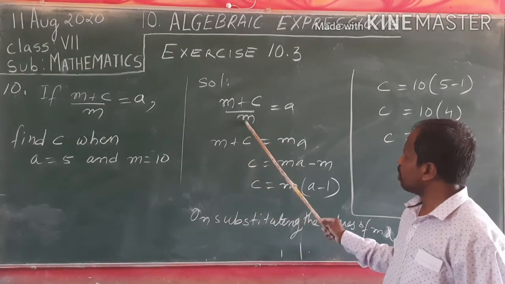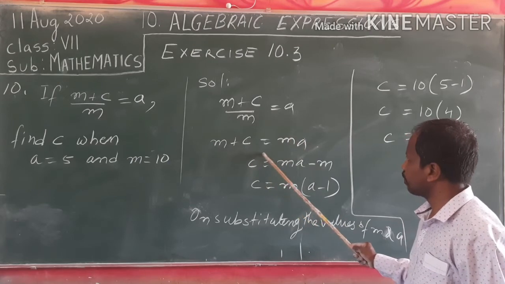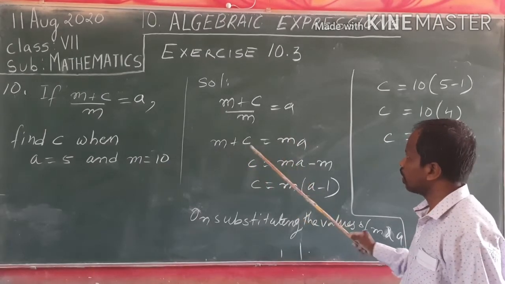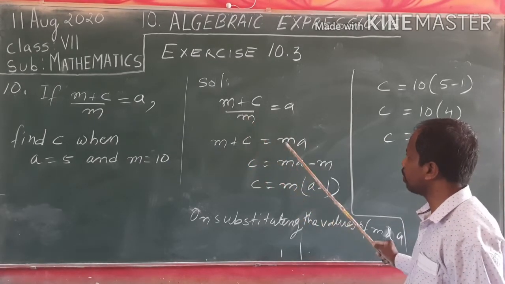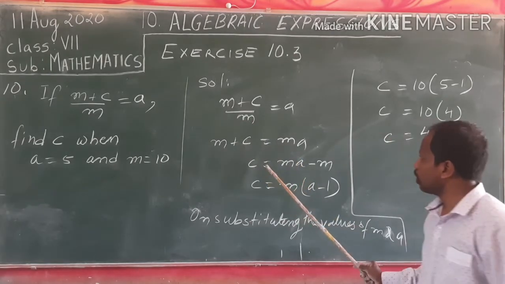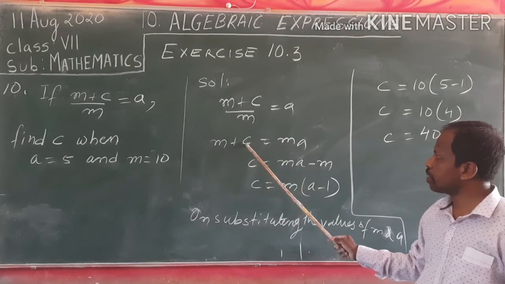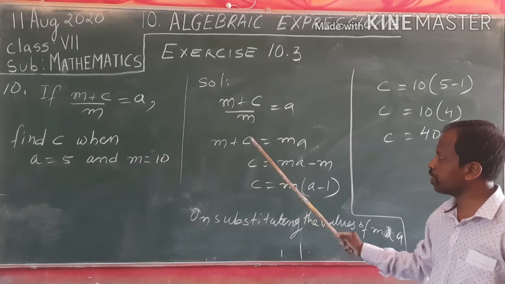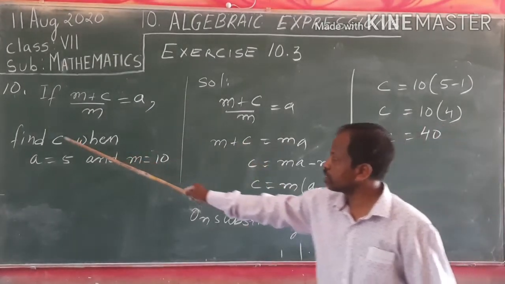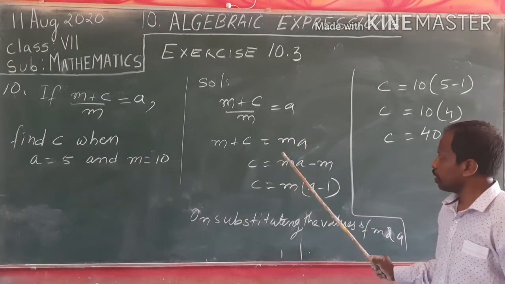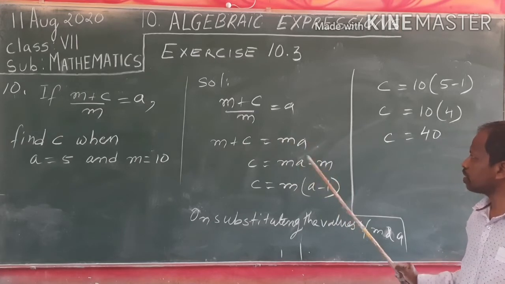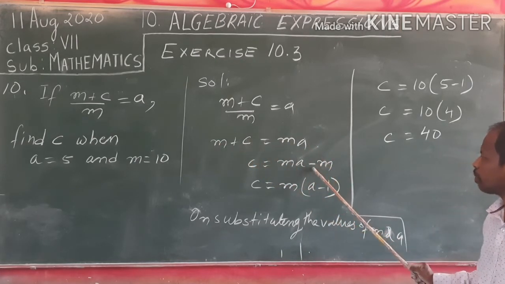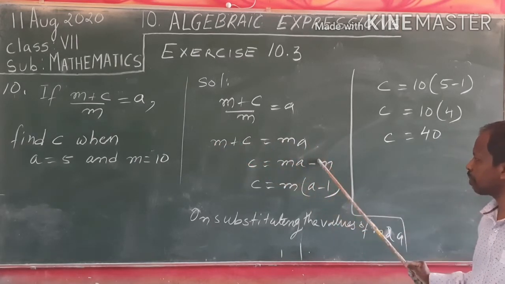Now take this m to the other side. Transposing: division will become multiplication on the other side. Now leave c alone, because we need c as the subject. So ma, when it comes to this side, becomes minus. It was plus here, it is minus.